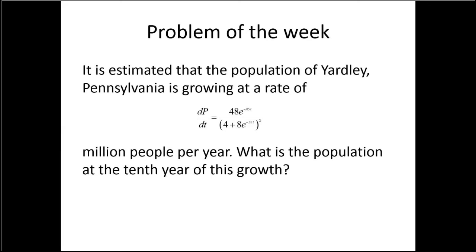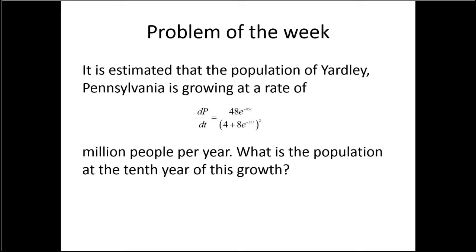Speaking of real-world problems, we're going back to Yardley, Pennsylvania again, which you've probably figured out is my hometown, which is why I keep mentioning it. So we are estimating that the population growth of Yardley is dP/dt, or P prime of t, equals 48e^(-0.05t) divided by (4 + 8e^(-0.05t)), whole thing squared.